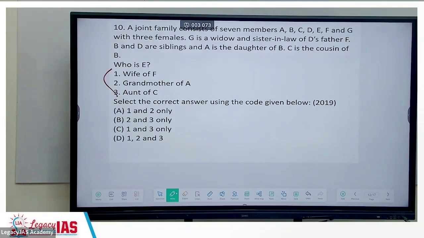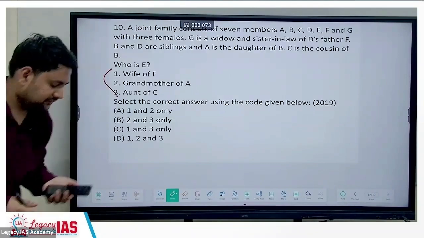How many of you are getting A, B, C, D? Okay, let's do it.